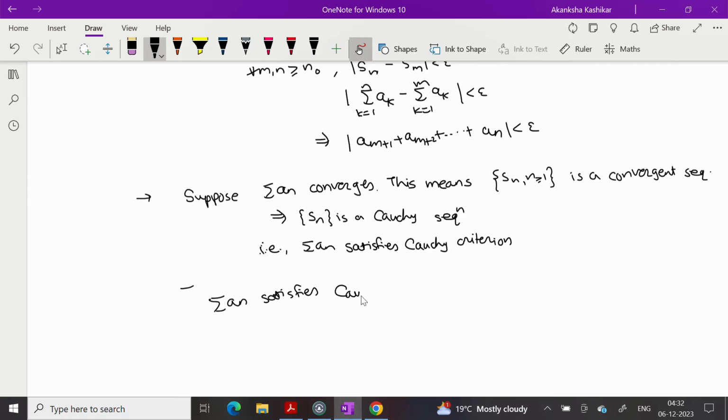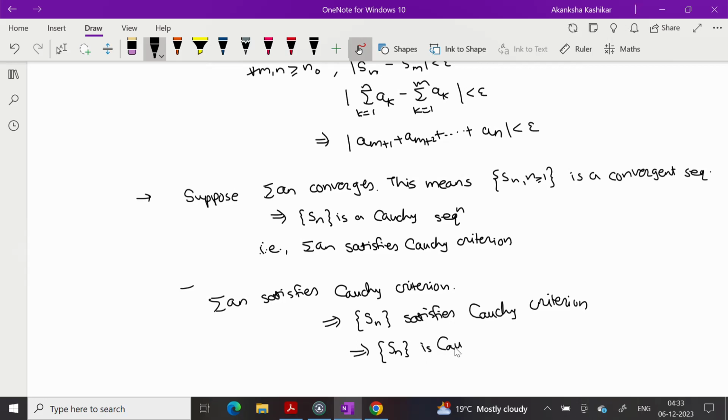This would imply Sn satisfies Cauchy criterion because it is actually in terms of Sn, and this would imply Sn is Cauchy because Sn is a real sequence.